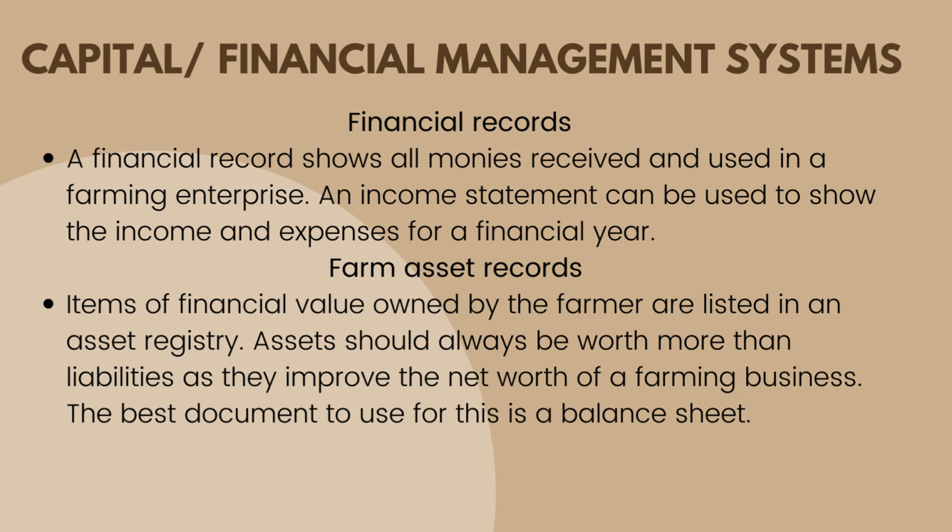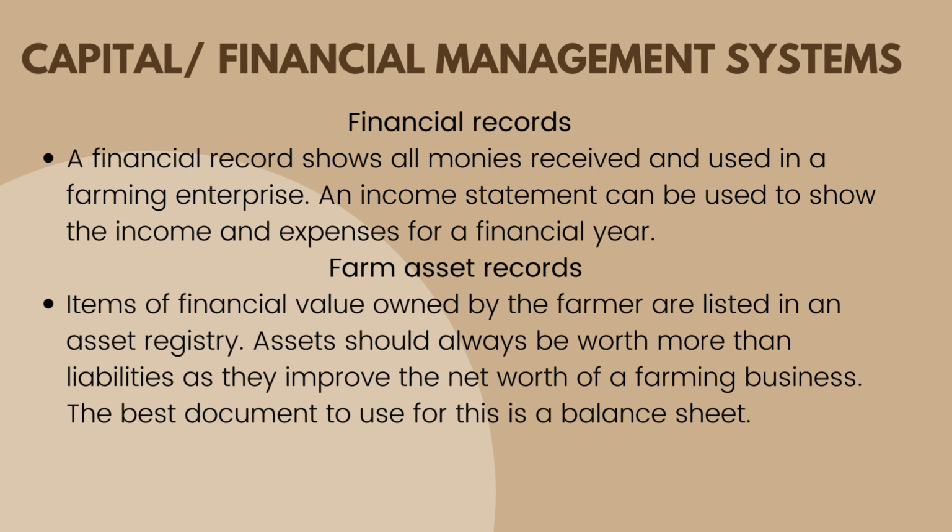So at the end of the year, or at the beginning of a financial year, the farmer should prepare a balance sheet. The best document to use for keeping this inventory is a balance sheet. This is the summary of all the liabilities and assets. On the balance sheet, assets and liabilities are grouped according to their lifespan, that is short term, medium term, and long term.